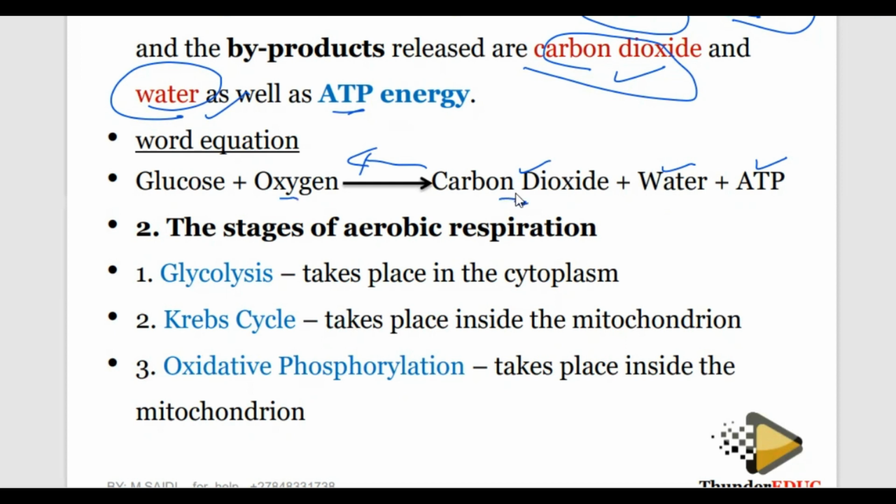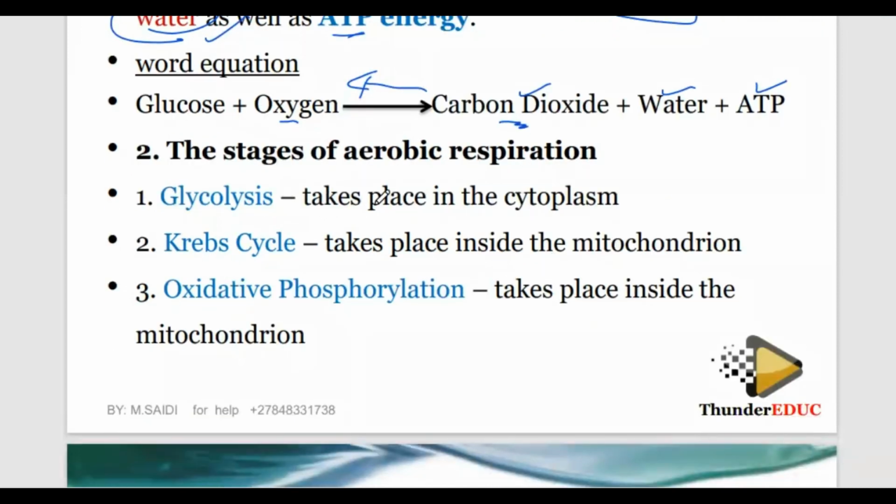The stages of aerobic respiration include glycolysis, Krebs cycle, and oxidative phosphorylation. Glycolysis, where does it take place? It takes place in the cytoplasm. Krebs cycle takes place in the mitochondrion.